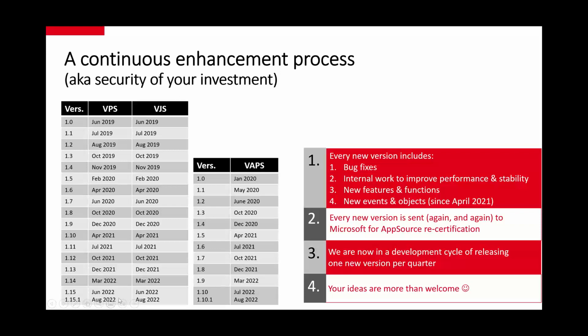And then if you look at the last line, it actually says there's a version 1.15 and a version 1.15.1 for all 3 products. So for the visual production scheduler, for the visual job scheduler, and for the visual advanced production scheduler. And I will talk about this in a minute, because at the end of last quarter, at the beginning of this quarter, we shipped the functional enhancements that we wanted to do last quarter.